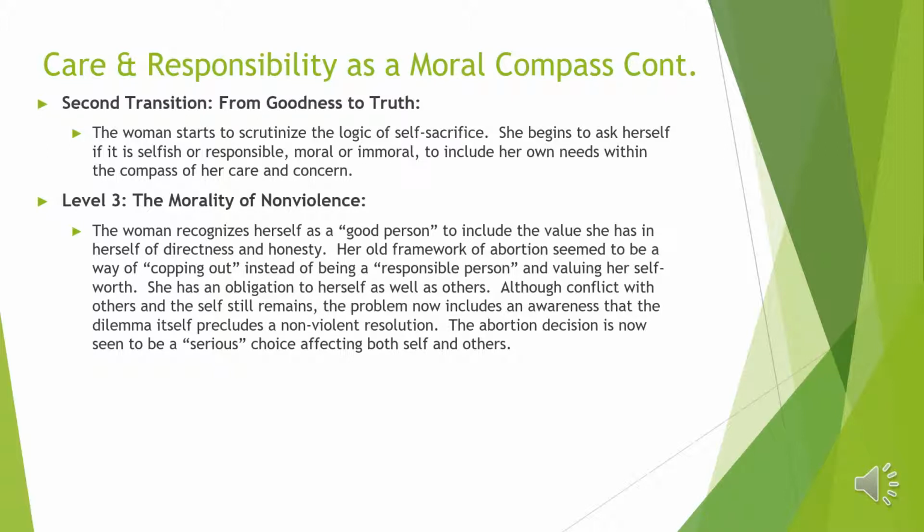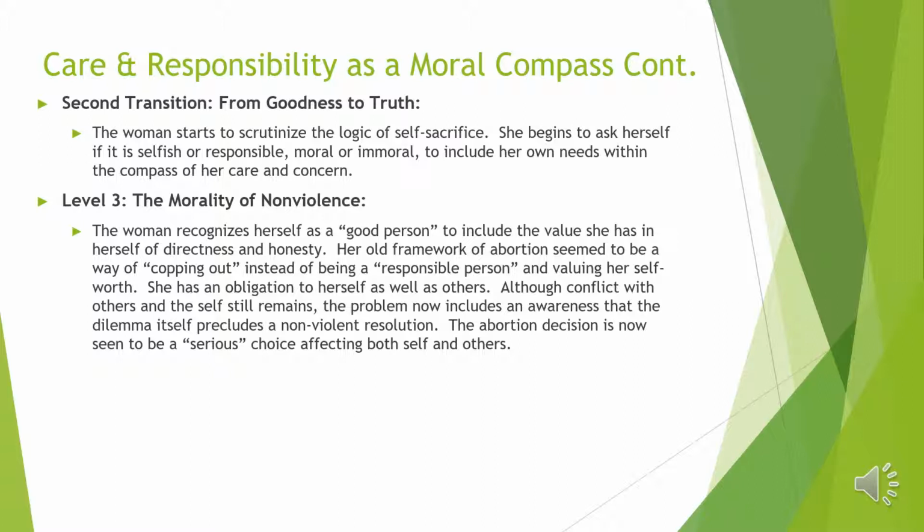So then, going into the second transition from goodness to truth, there's a conflict arising when a woman considers her moral obligation to protect life and her inability to do so under the circumstances of the pregnancy. In the second transition, women begin to view their own needs as truth and not selfishness. They begin to include their own needs within the compass of their care and concerns.